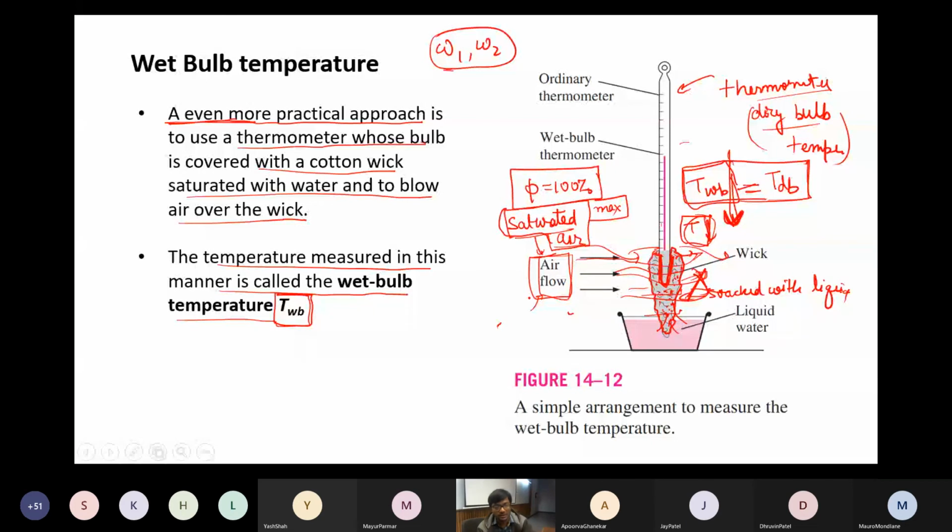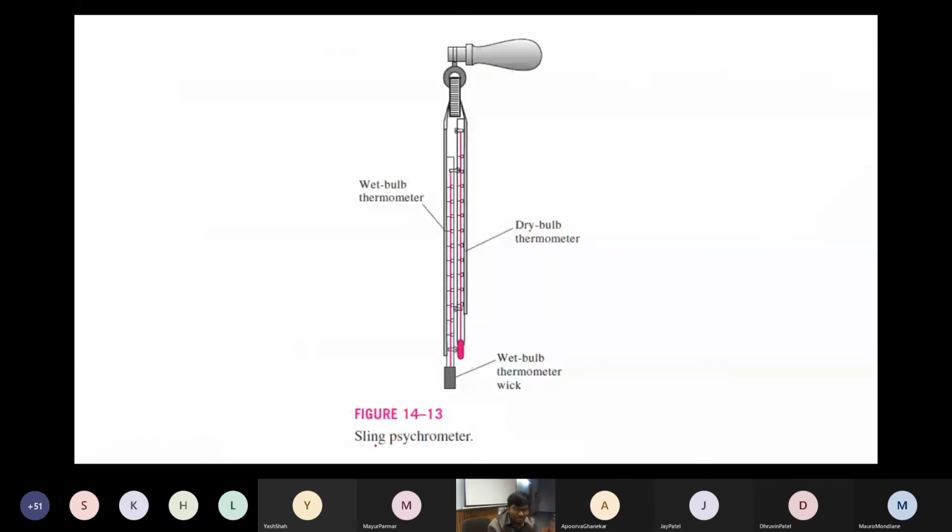There is a device called a sling psychrometer, in which both wet bulb and dry bulb thermometers are mounted, and you rotate it. Since there is a wet wick, the temperature measured by this thermometer will be wet bulb temperature, and the temperature measured by the other thermometer will be dry bulb temperature.